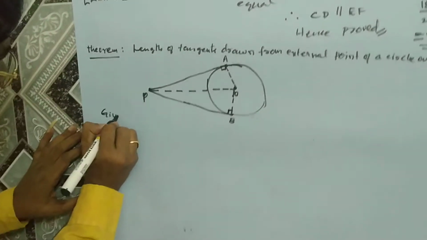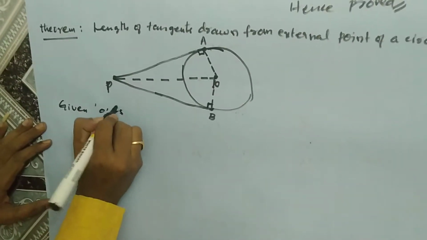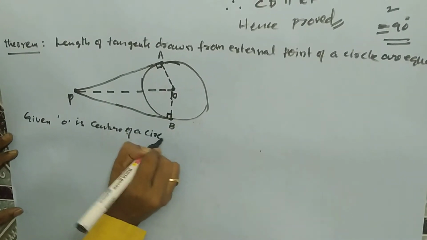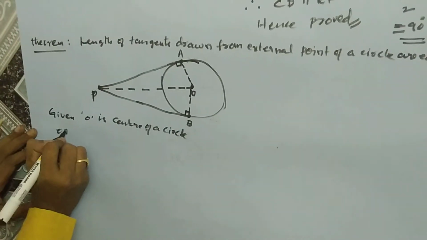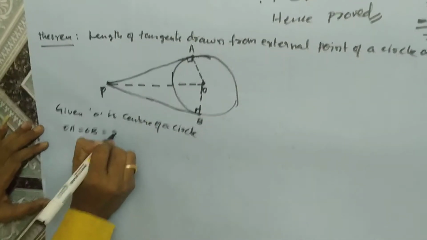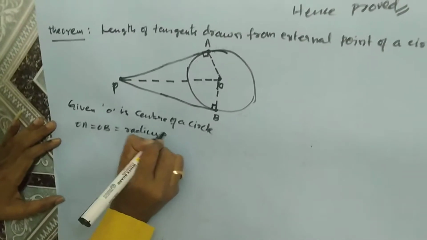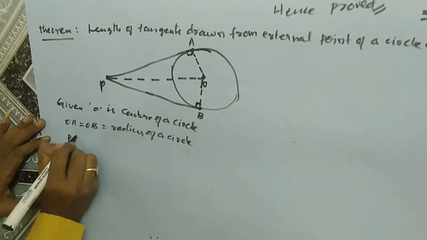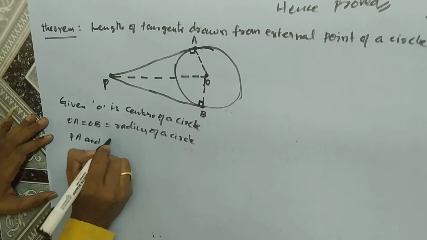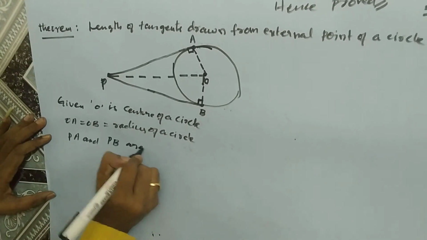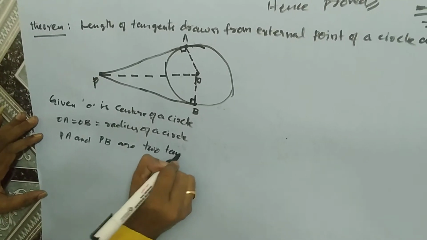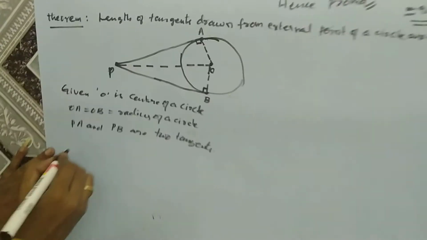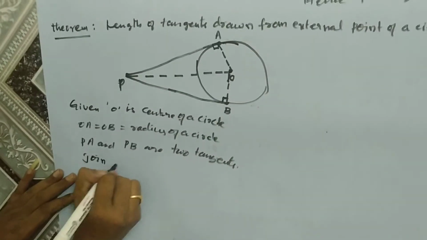Given: O is the center of the circle, OA equal to OB equal to the radius of the circle, PA and PB are two tangents. Next, join PO.